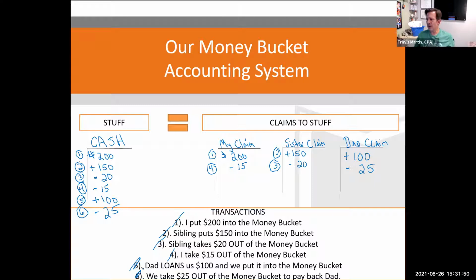All right, let's go ahead and do a little math here. Let's see if our accounting system is really imbalanced. We'll add up the cash. My claim is 185. Sister's 130. Dad's is 75. So I'll use my old handy calculating machine here.